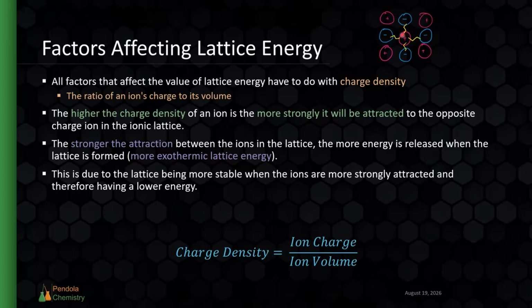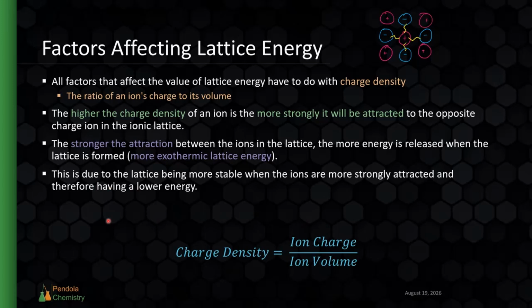Essentially, a higher charge density makes the ion into a stronger magnet. So the stronger that attraction is between the ions, the more energy will be released when that lattice is formed. So more exothermic lattice energy. The stronger the attraction, the more energy is released when that attraction forms, the higher the lattice energy.